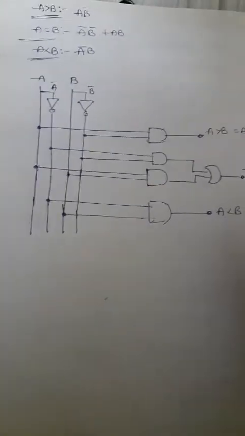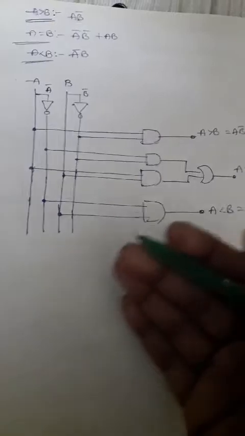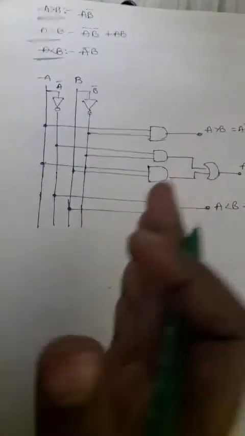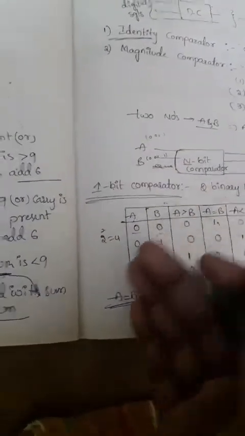You need to know the basic procedure for this magnitude comparator. By using the 1-bit and 2-bit comparators, you can easily understand how to compare the inputs. The input comparison for the 1-bit comparator, the 2-bit comparator and the 4-bit comparator is totally different.